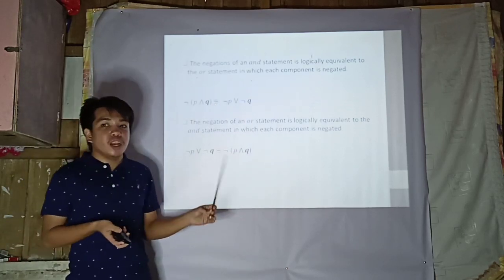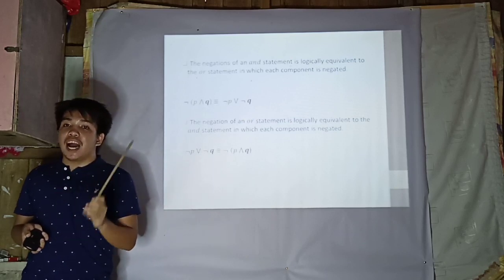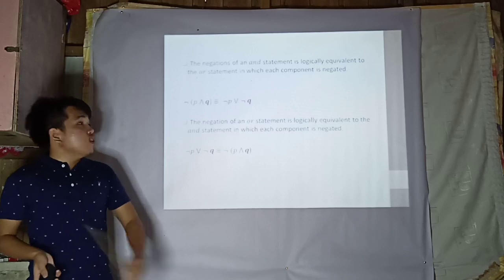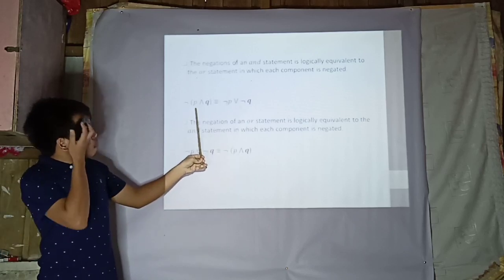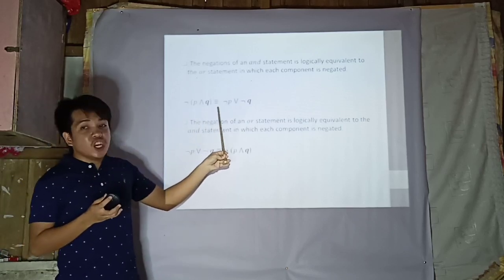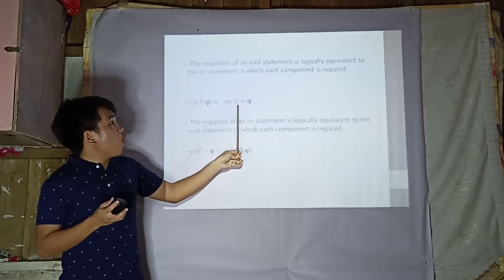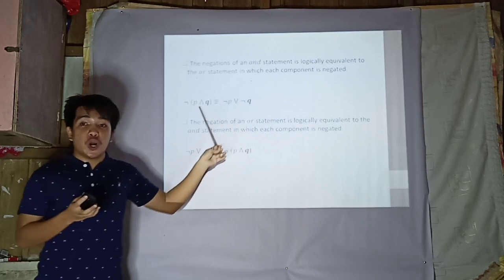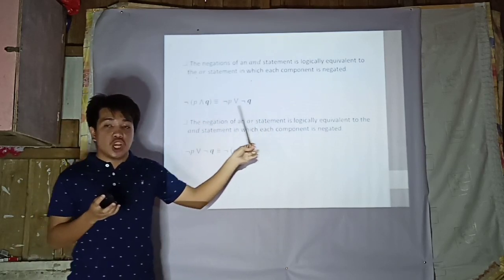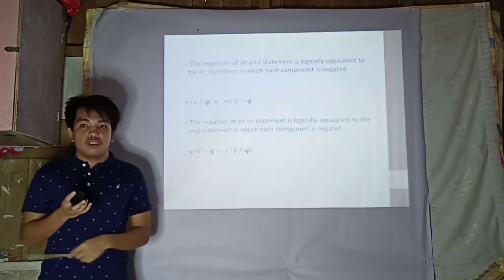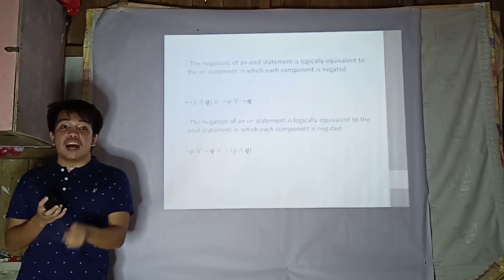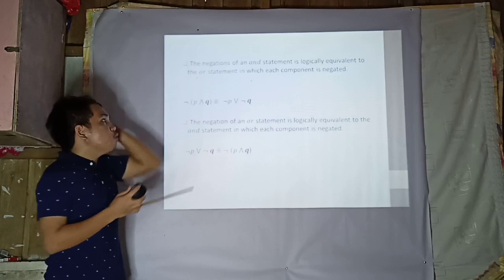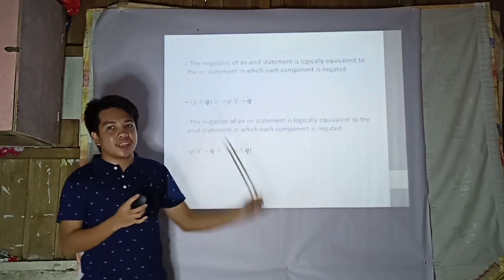Here, the negation of P and Q is equal to the negation of P or the negation of Q. That is the formula for getting the negation of "and."